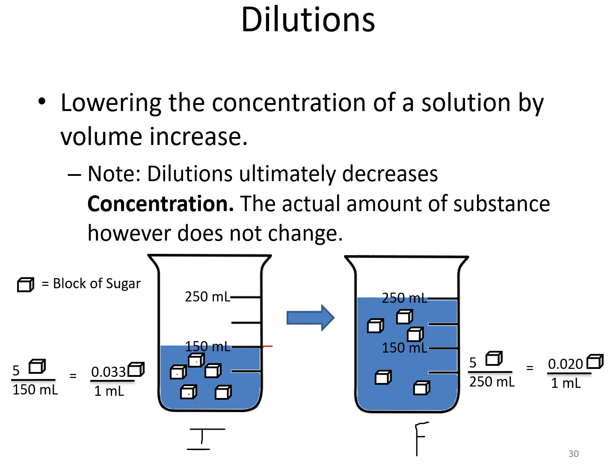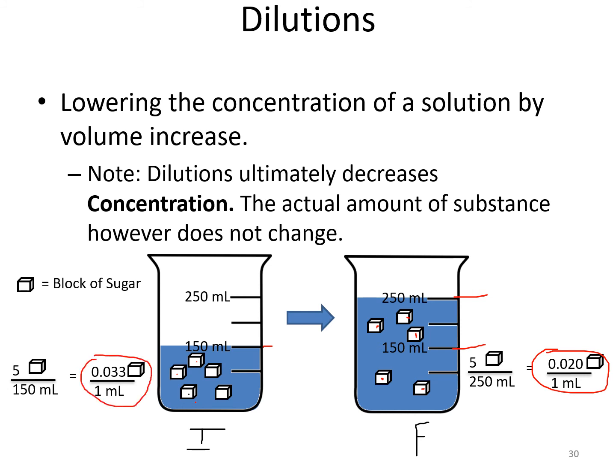In the final solution, I have added additional solvent. I've added, it looks like, 100 milliliters of additional solvent, so I've taken the volume up to 250 mils. But notice how I still have those same 5 moles. What's the new concentration? This time I have 5 moles and 250 mils instead of 150, which gives me a new concentration of 0.02 moles per milliliter.